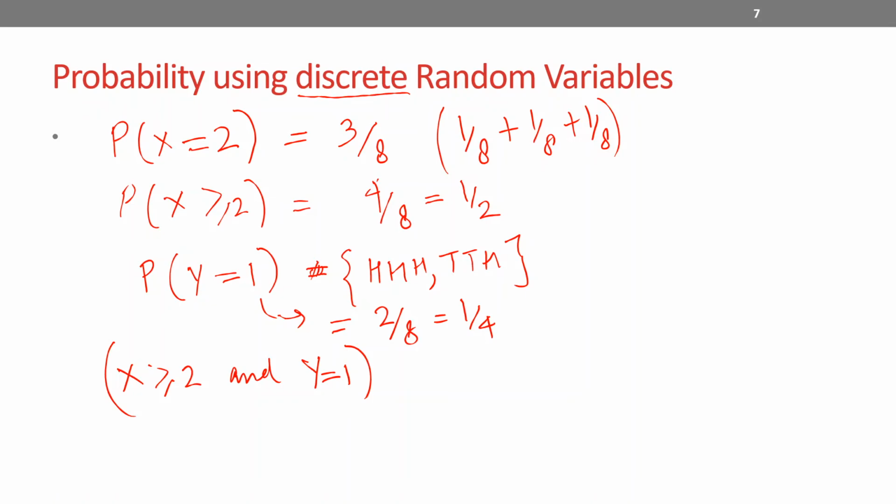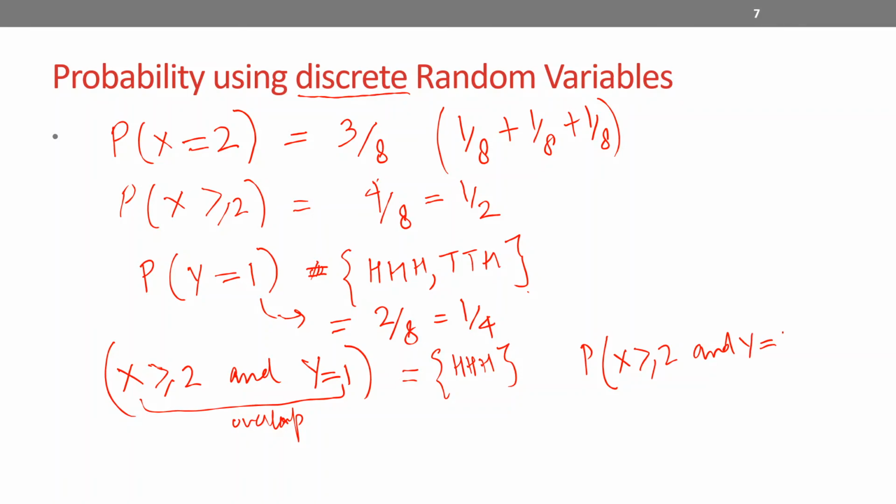When X is greater than or equal to 2, all the cases when we have 2 or more heads, and also when Y is 1, there is just one such scenario where they overlap. That's what 'and' means, when both hold. So the probability of X greater than or equal to 2 and Y exactly equals 1 will be 1/8.